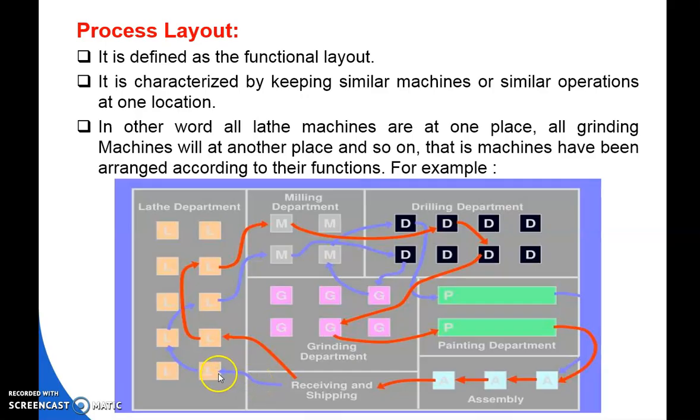The raw material first goes to the lathe department, where the necessary operations are carried out. Then it moves to the milling department. After completion of the operation in milling, it goes to the drilling department. After drilling, it goes to the painting department as well as to the grinding department.